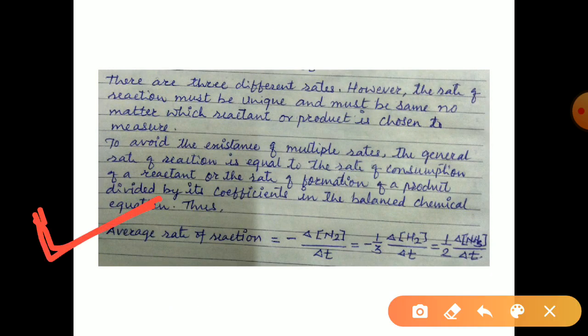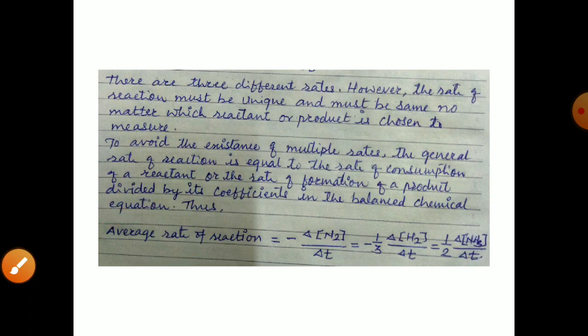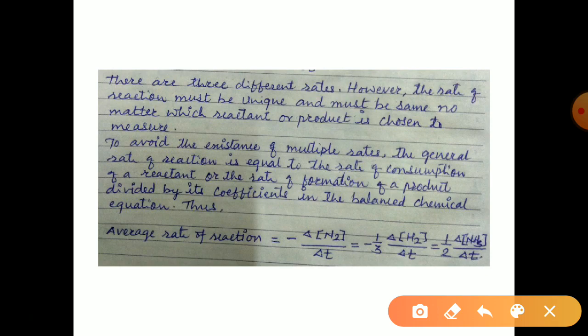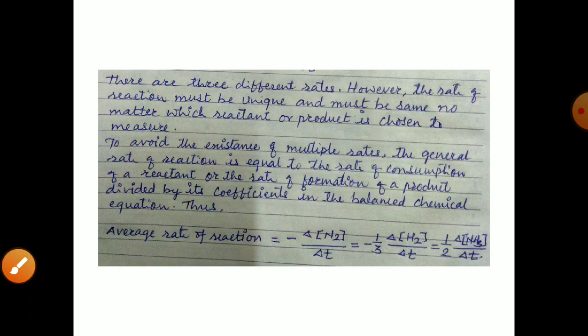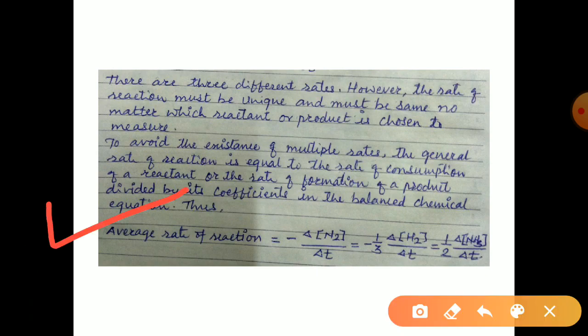Remember, while writing the average rate of a reaction, the rate of disappearance of a reactant and the rate of formation of a product must be divided by their coefficients in the balanced chemical equation. Then the rate of that reaction will be unique.